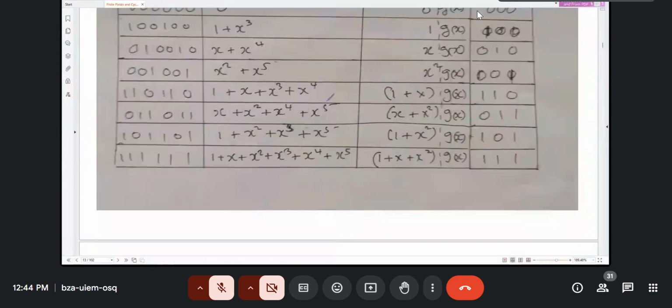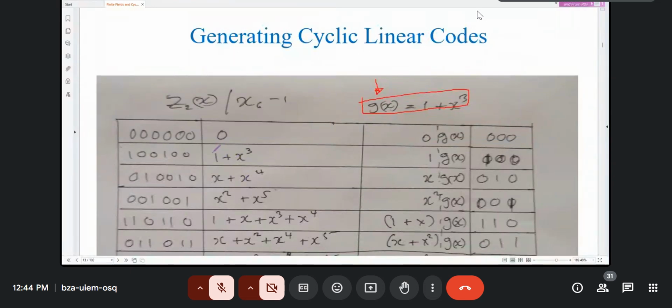In this case, we're using this as a GX, and we are saying if you have got your code word, your message bits, these are your message bits. In this case, we are talking about a 6-bit code word.